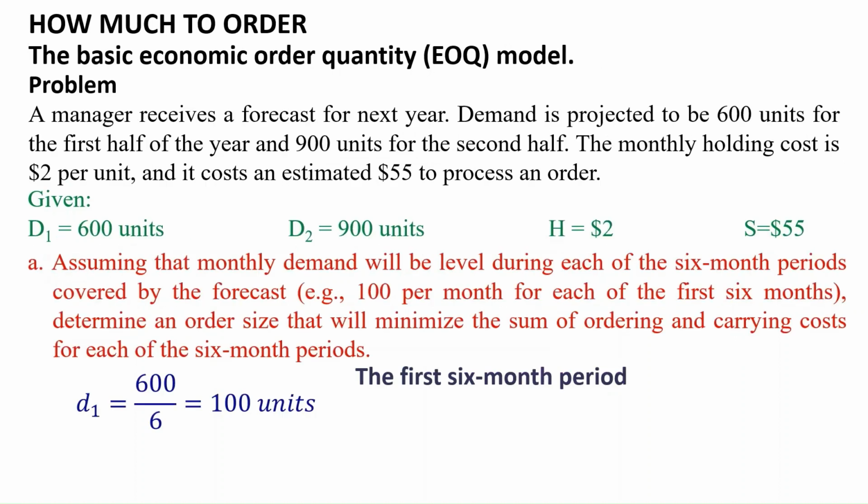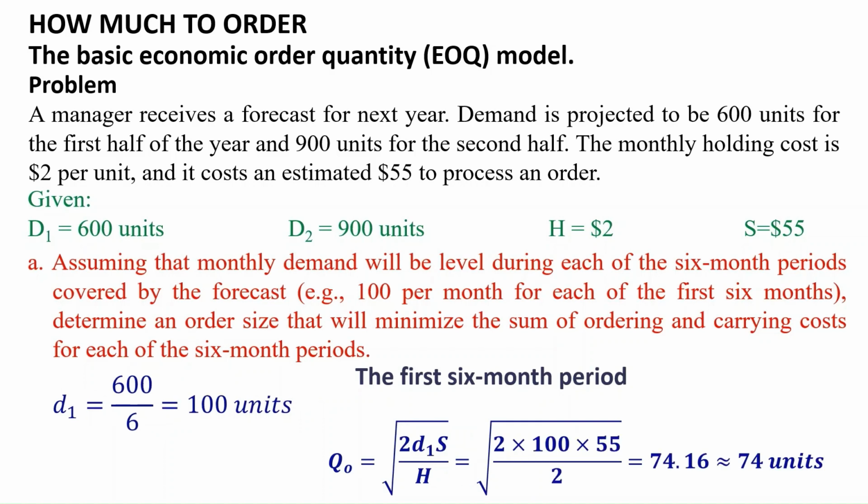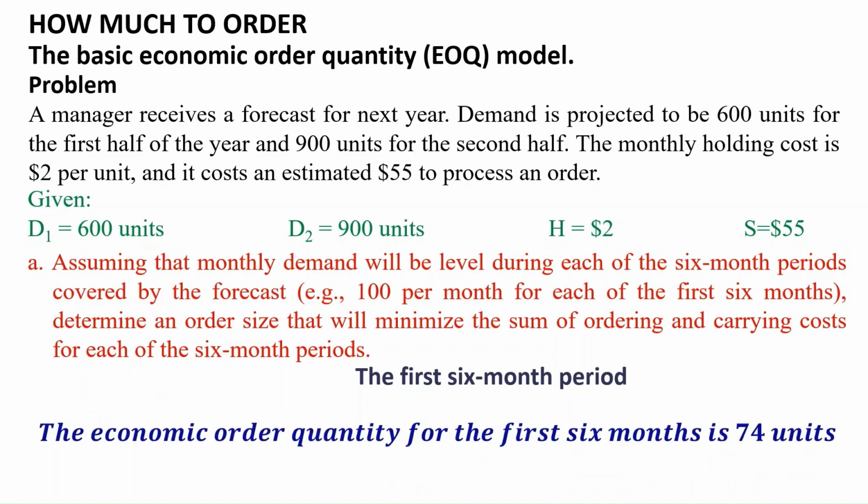For the first question, starting with the first 6-month period, the monthly demand D1 equals 600 divided by 6 equals 100 units. It is known that Q0 equals square root of 2 multiplied by D1 multiplied by S divided by H. This equals square root of 2 multiplied by 100 multiplied by 55 divided by 2 equals 74.16, approximately equal to 74 units. So, the economic order quantity for the first 6 months is 74 units.